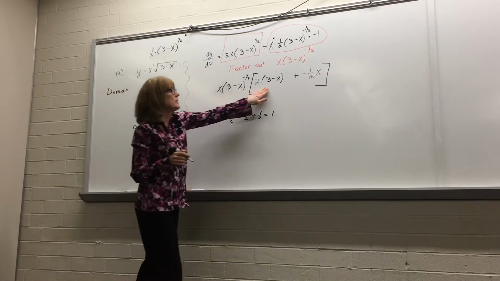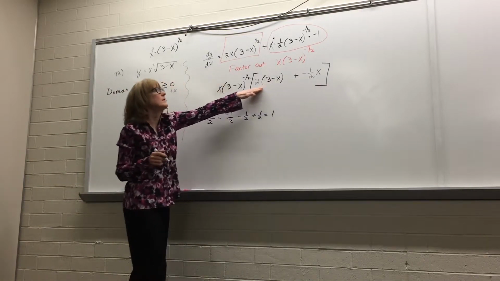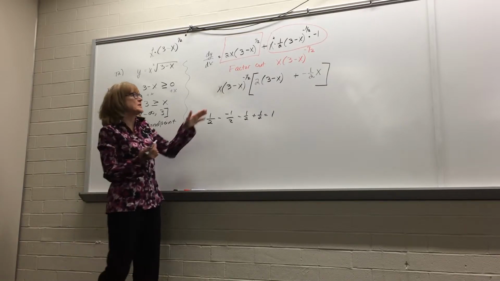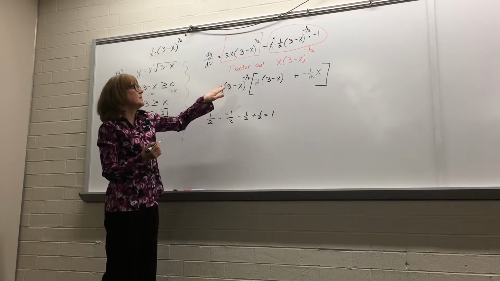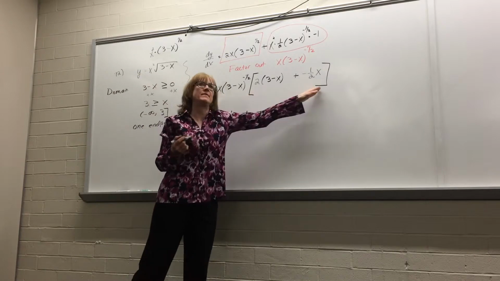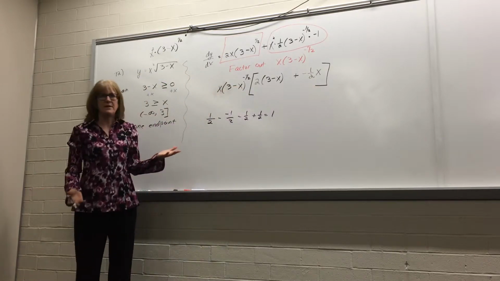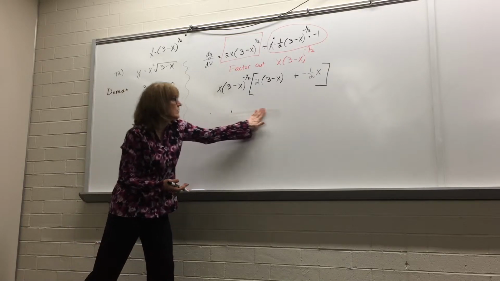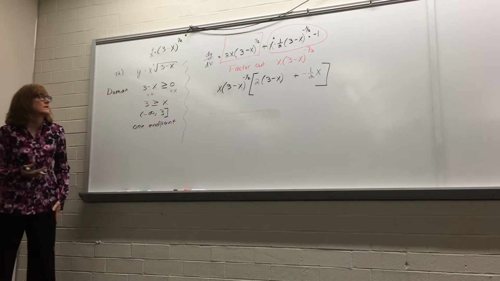We certainly could clean this up here in the middle, but it's factored. To be completely factored, it just has to be x times this times this. That's all factoring means. It's all multiplied together. So before I go on, questions on that phase?